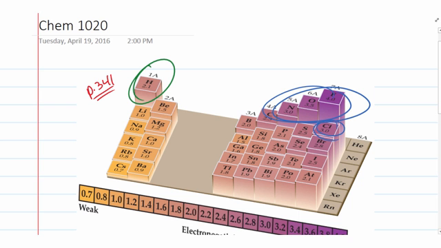Now you might contend that chlorine is also up there because its electronegativity is the same as nitrogen. But chlorine does not exhibit hydrogen bonding simply because nitrogen can make up to 3 bonds with hydrogen, whereas chlorine can only make 1 bond with the hydrogen. So it's only when these 3 elements are bonded directly to the hydrogen.